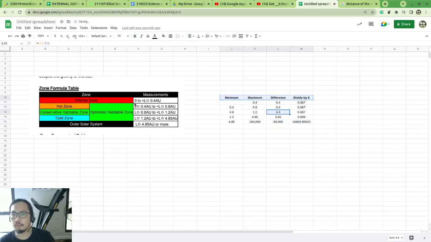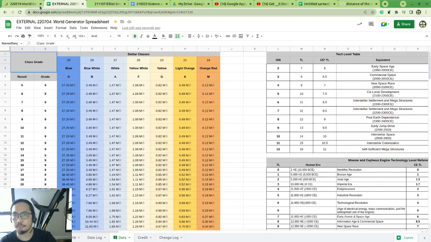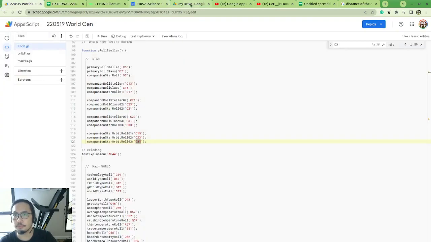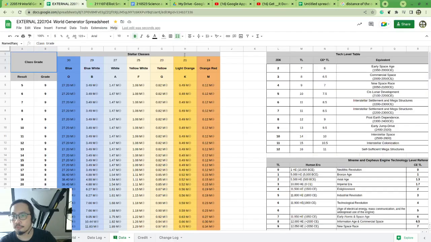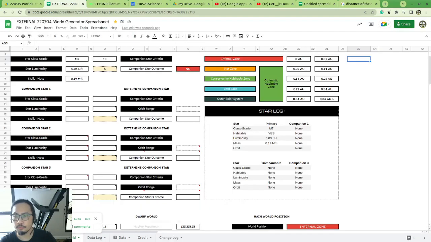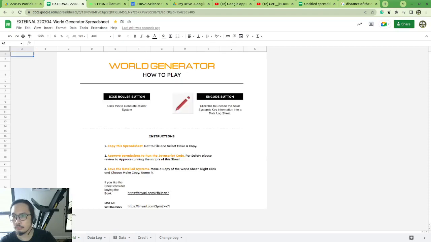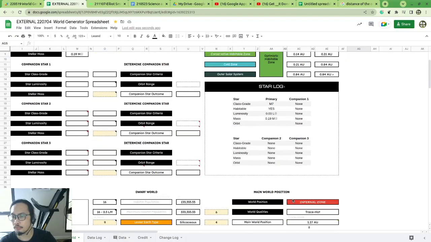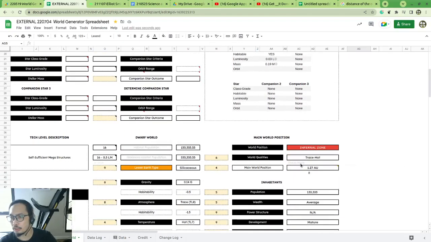Minimum, maximum, so this is infernal, hot, conservative. I have to make sure it's the same term. Trace hot.